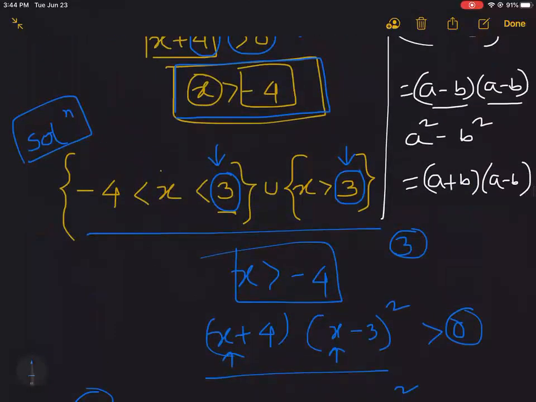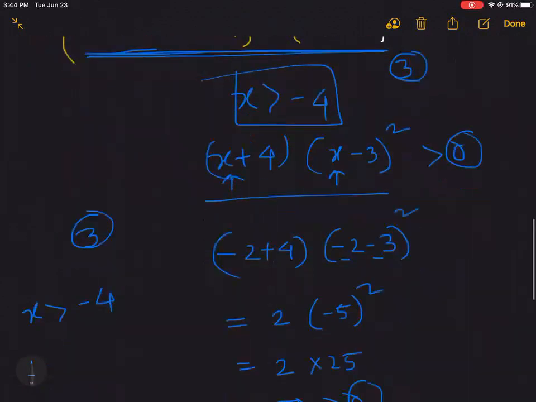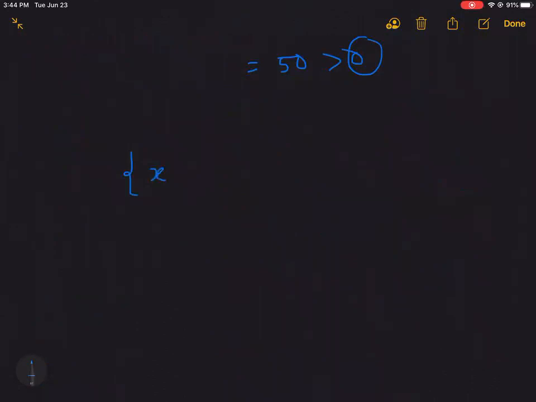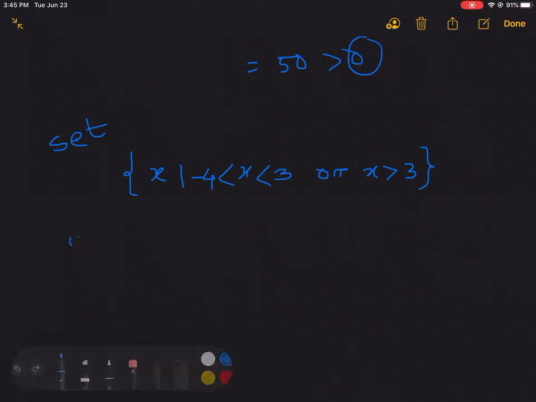So, this is how we write using the set notation. I'm going to rewrite it for you. So, we'll define x in a way where x is strictly more than negative 4, but it will not really include 3 either. That's how you write using the set notation, right? But what if I want you guys to write using the interval notation?